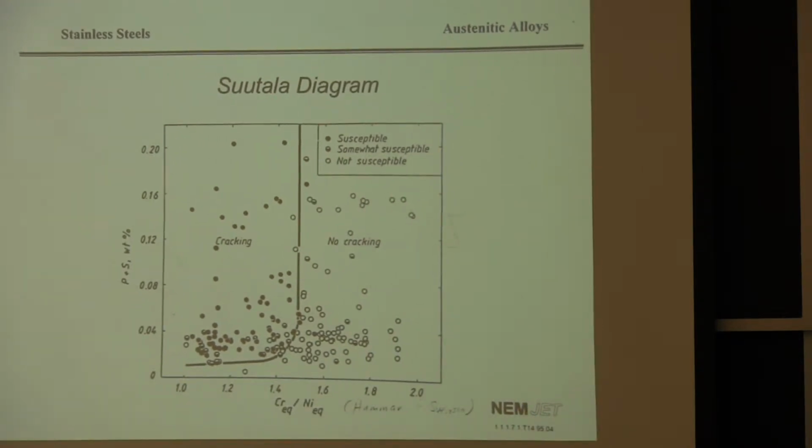What Suutala did is he figured out that, once again, here's these chromium and nickel equivalents. He figured out that at about 1.5, and this goes back to that other diagram that I showed you of cracking susceptibility as well, this is with standard welding processes, that anything above 1.5 you didn't get cracking, whereas below 1.5 you typically got cracking.